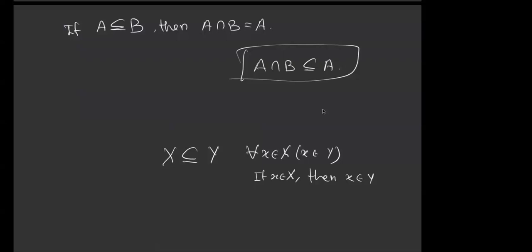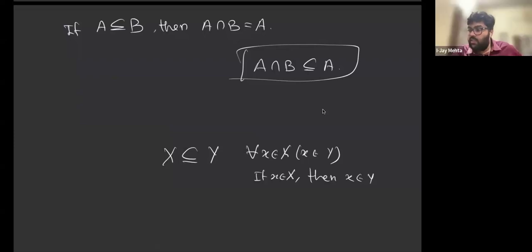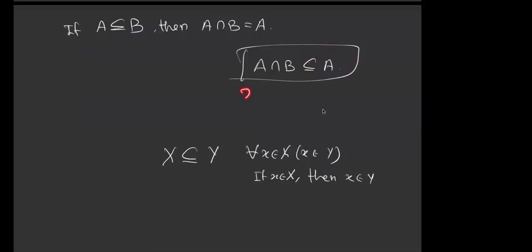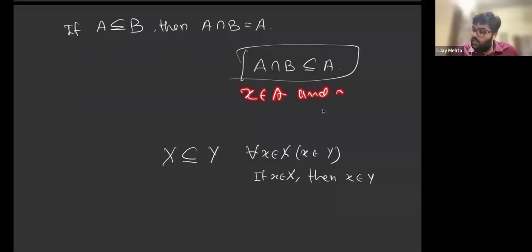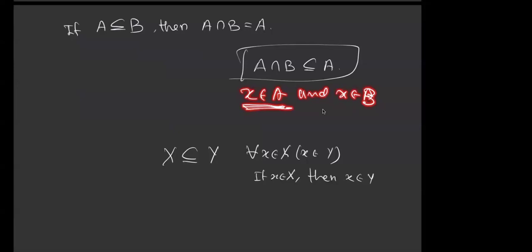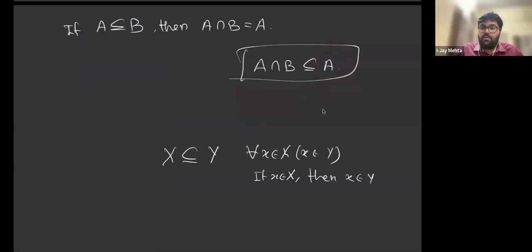If X belongs to A intersection B, it means X belongs to A and X belongs to B. If I have X in A and X in B, can I say that X belongs to A? Both are true, right? Both will be true. So X is already in A. Done.